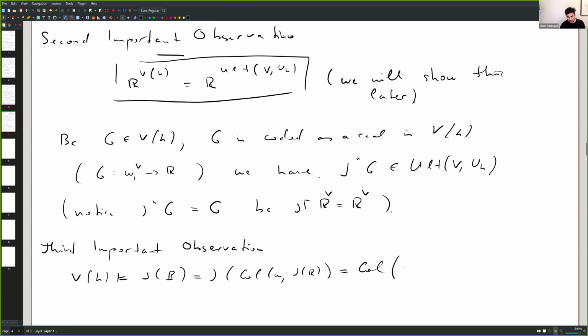This is omega 1 of V, R^V, and this equals Col(omega 1) of VH. And R is R of VH. That follows from the second important observation.